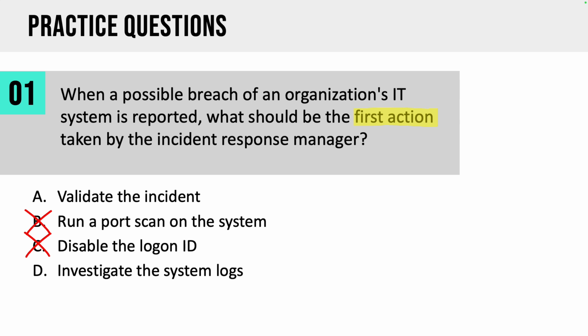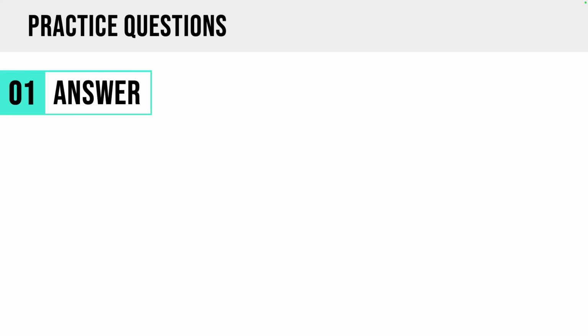Frequently on the CISM exam, we're going to notice that there is some validation or decision type action, some consideration, before we just jump in and take action. So we can validate the incident or we can investigate the system logs. These are all important activities, but it's really down to which should be first. And so there's really only one right answer here, and that is to validate the incident.